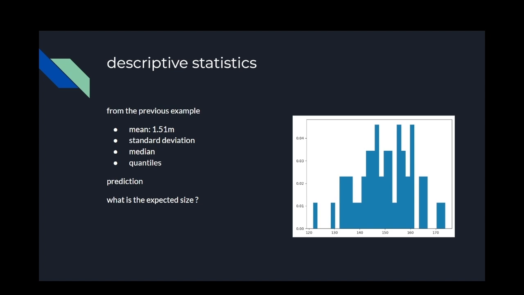Why do we take quantiles? Because sometimes we have a concept called outliers. Outliers are observations that are far away from the central mean or the central point.